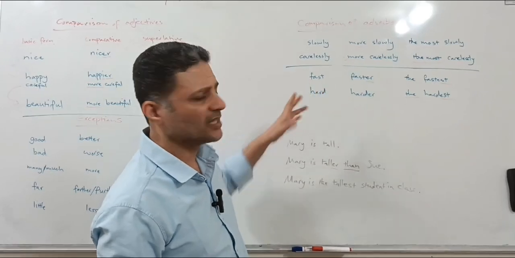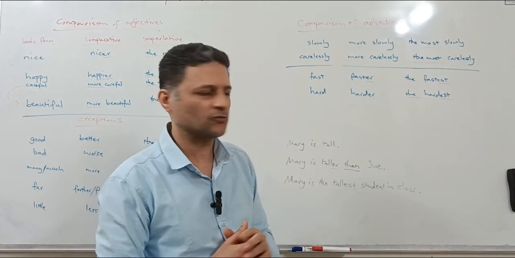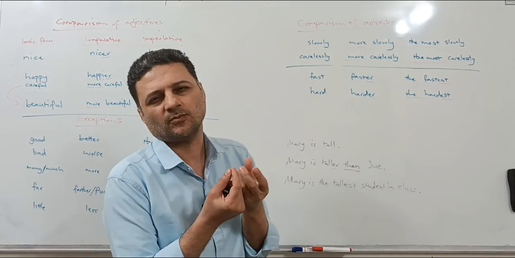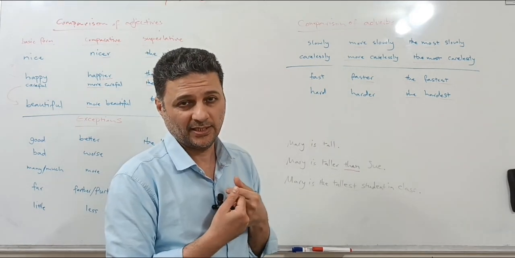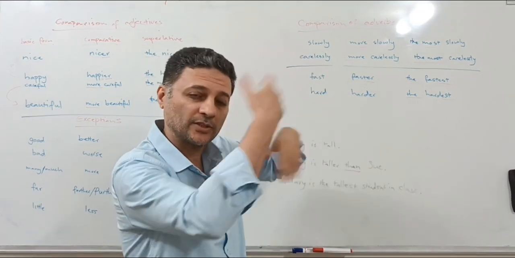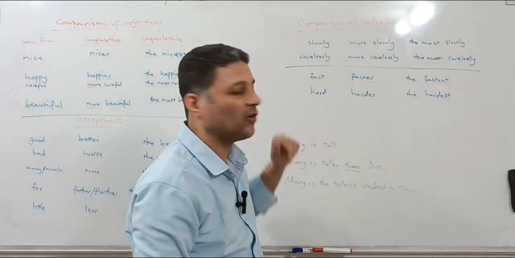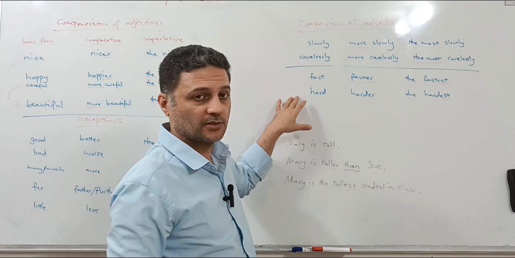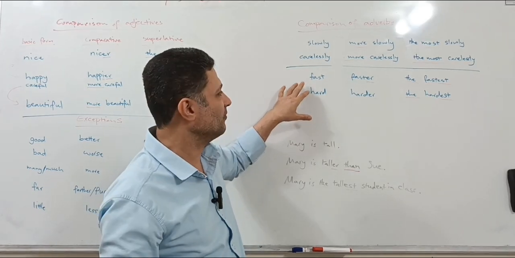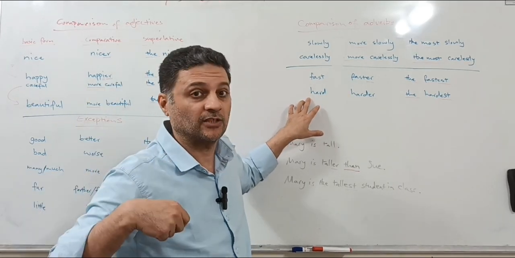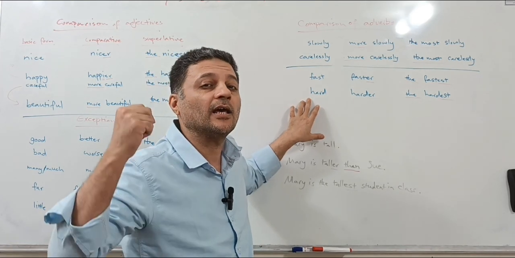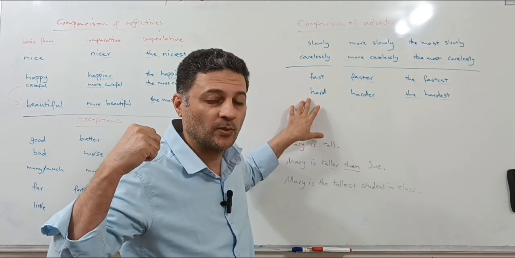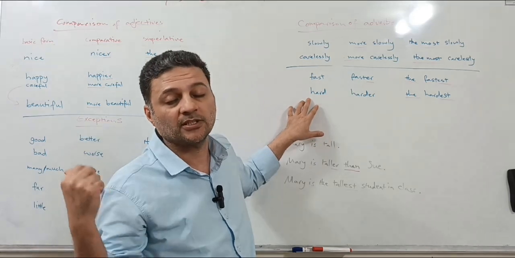Also, we have some exceptions to this rule because fast is an adverb of 1 syllable, right? It's not like 2 syllable slowly or the other adverbs. Fast and hard are very famous exceptions. Of course, we know that fast and hard could also be adjectives, depending on their previous verbs, whether they're preceded by linking verbs.